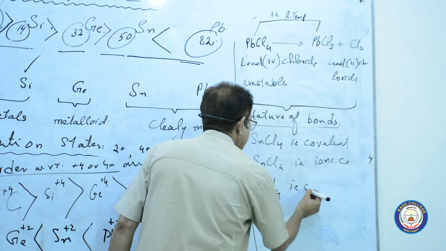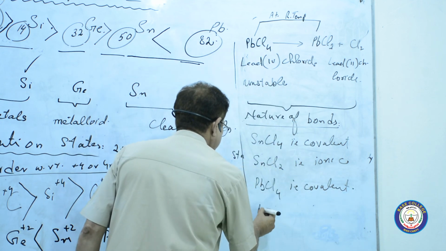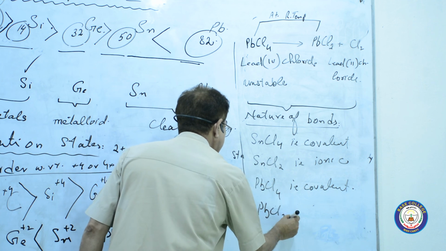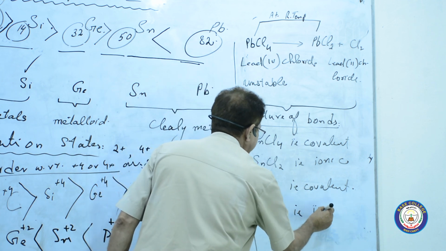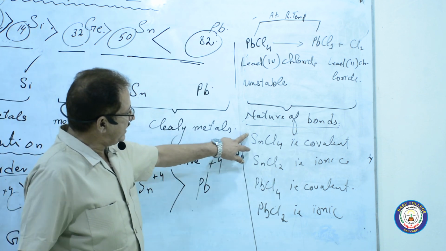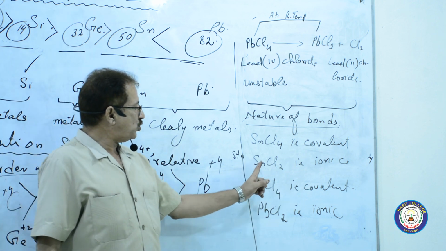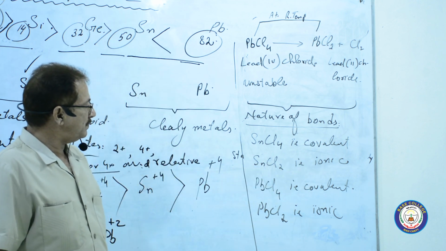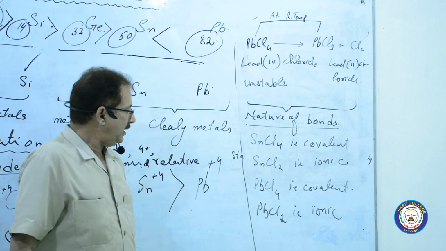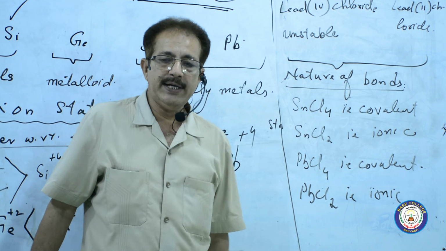PbCl4, that is covalent. PbCl2, that is ionic. It means in this case, the covalent bond is stable as compared to the ionic bond. But in this case, the covalent bond is less stable as compared to its ionic bond.